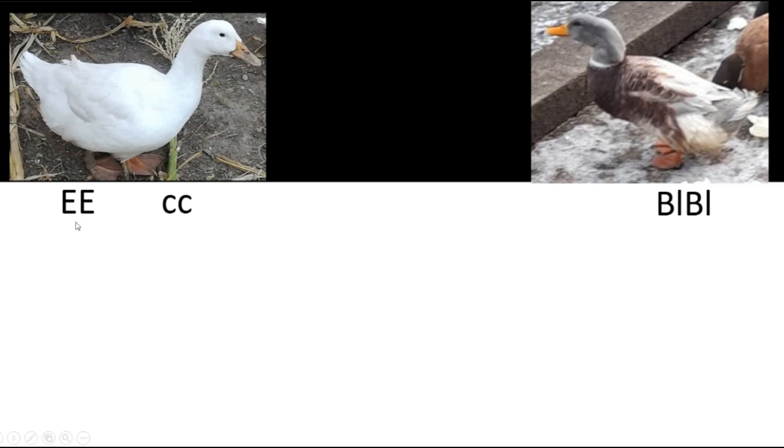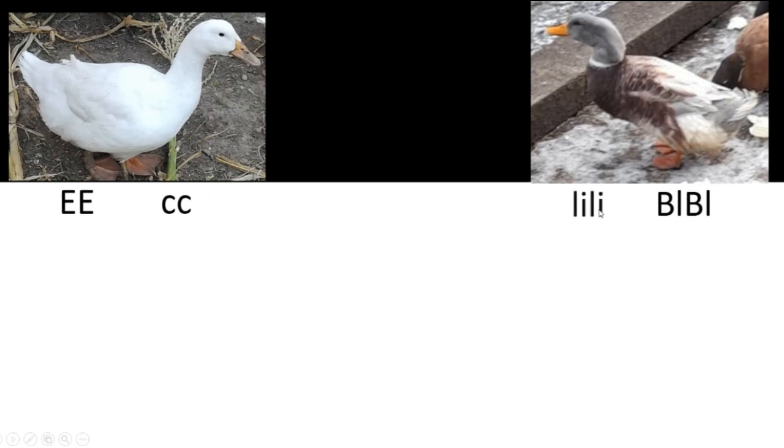But normally, mostly what I've seen, they contain the black one. The Saxony, as we identified, contains two copies of blue and a light phase. How do we combine these four genes together? Of course, we need to fill out the rest for each other. So for the white one, we will fill out the non-blue and the non-light. For the Saxony, we will fill out the non-black and the non-white.